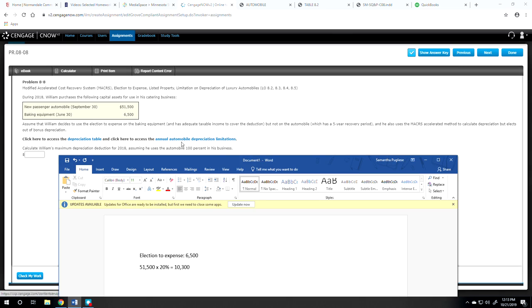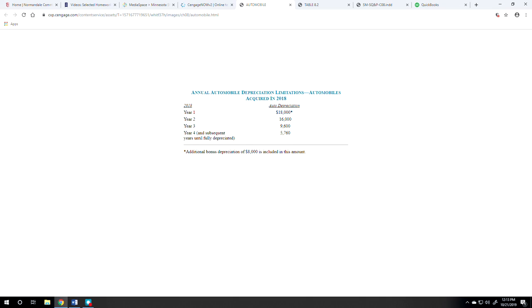And one thing that we want to remember when we look at this file that we're about to look at is that he elects out of bonus depreciation. So he's not taking the bonus depreciation. So let's look here. This is year 1. It's for an automobile. Automobile depreciation can be all the way up to $18,000 if he was including bonus depreciation, which he's not. So we can't use the full $10,300 because we have to take $8,000 out of this $18,000.